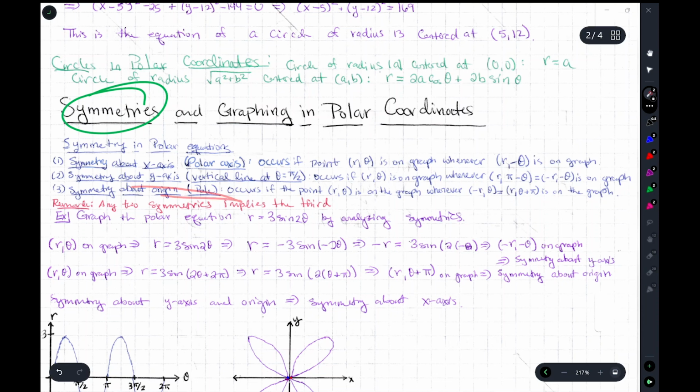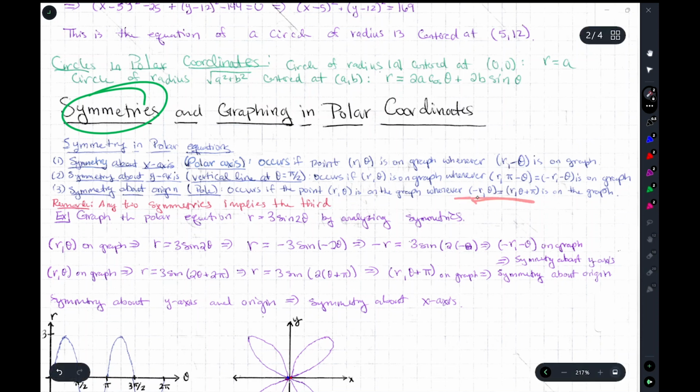And we have symmetry about the origin, which is what occurs when you flip about the x-axis and then the y-axis. That's characterized by (r, theta) being on the graph whenever (negative r, theta) or (r, theta plus pi) is on the graph. These two points are equivalent, just like these two points are equivalent. So if this is on the graph, then this should be on the graph, and vice versa.